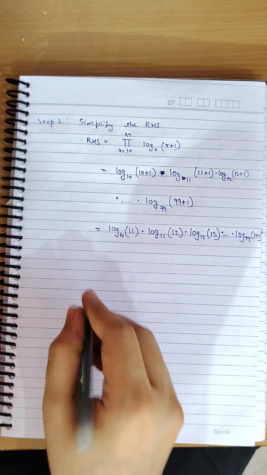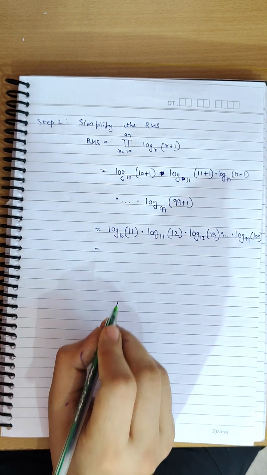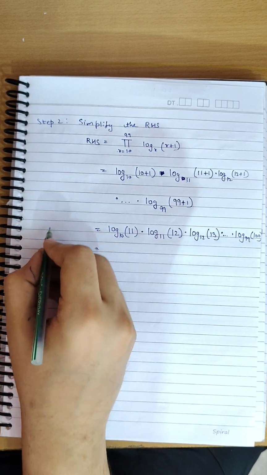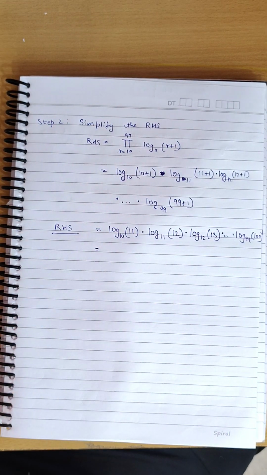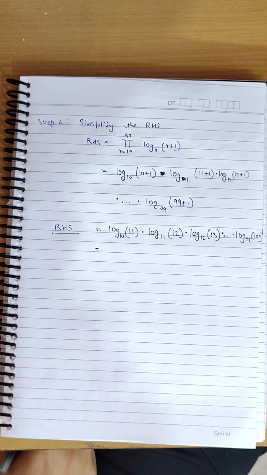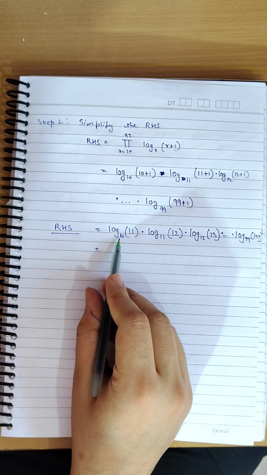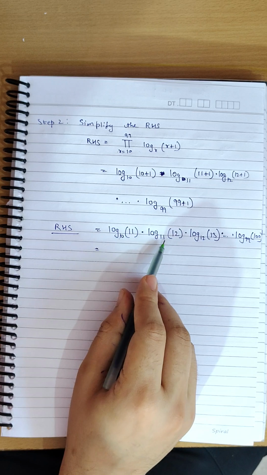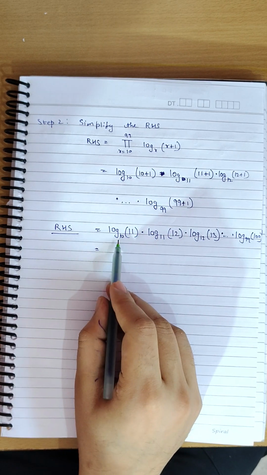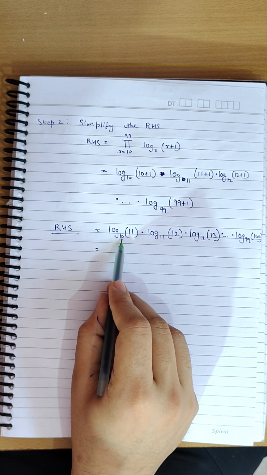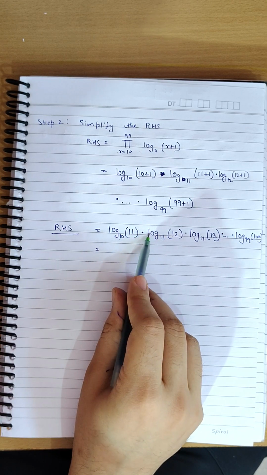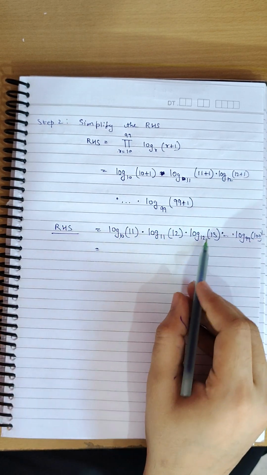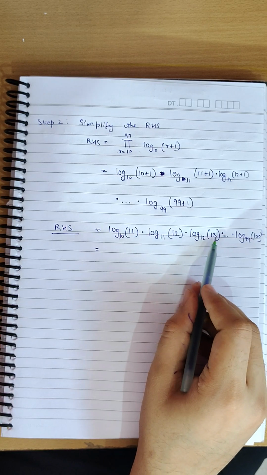Okay, so this is our RHS. Now we could simplify this a little more, because we can see that the base of every term, so base over here is 10 of log, and the base over here is 11 of this function, and the base over here is 12. So base is changing.